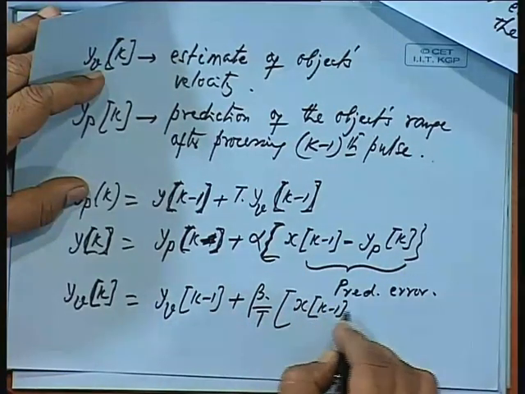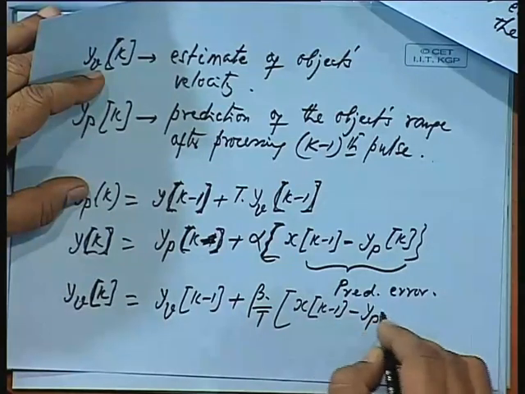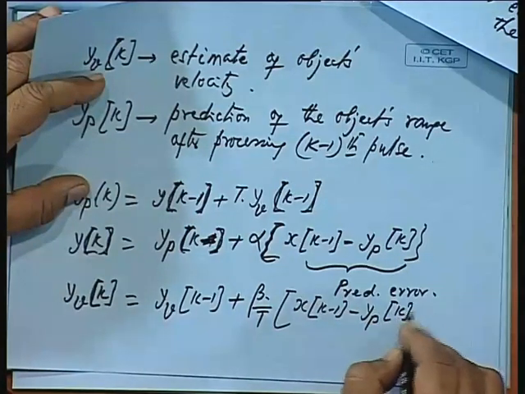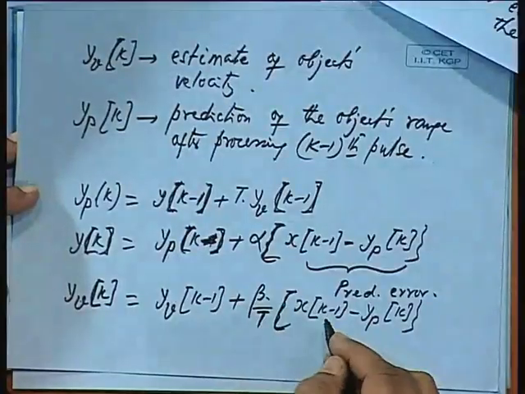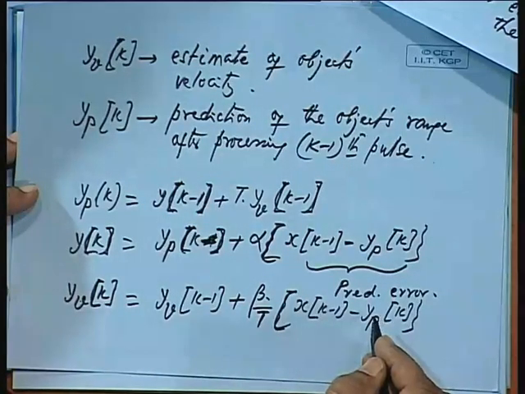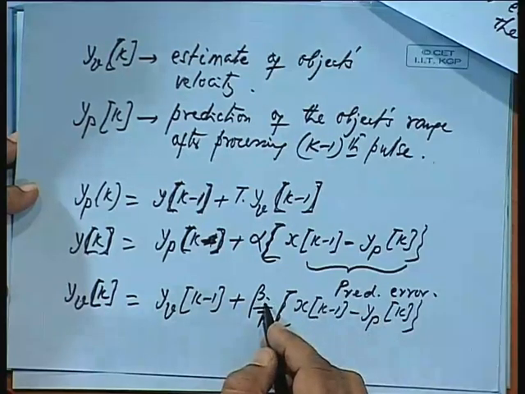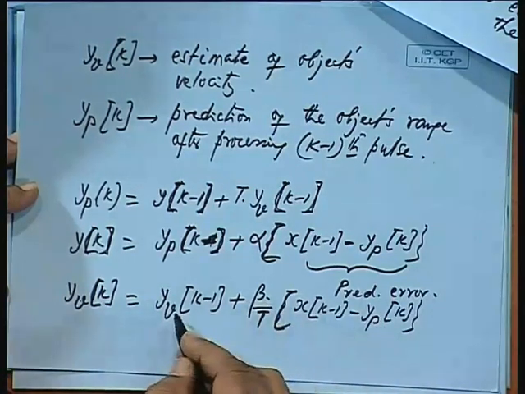Is that all right? Whatever is the error in the position, divided by that time T gives me the error in the estimate of the velocity. That multiplied by a factor beta, if I add to the previous estimate of the velocity, will give me the present estimate of the velocity. Okay. This is known as an alpha beta tracker.